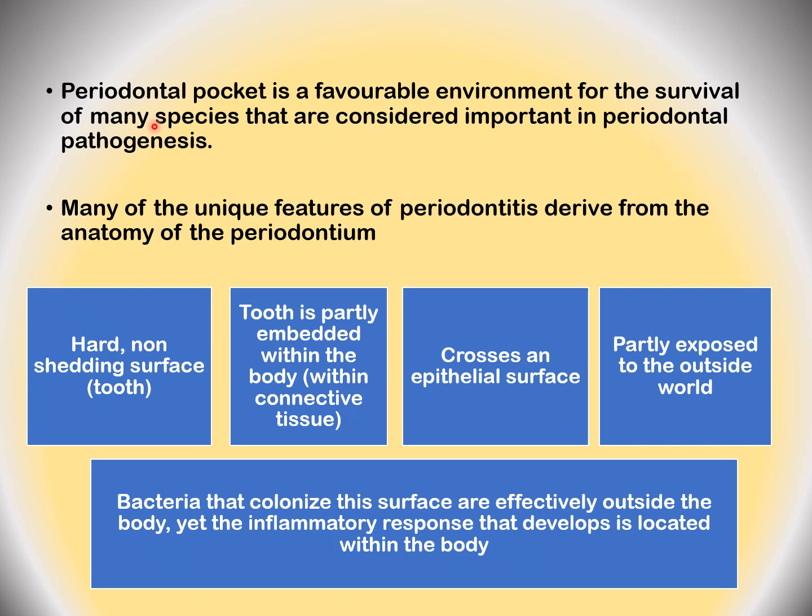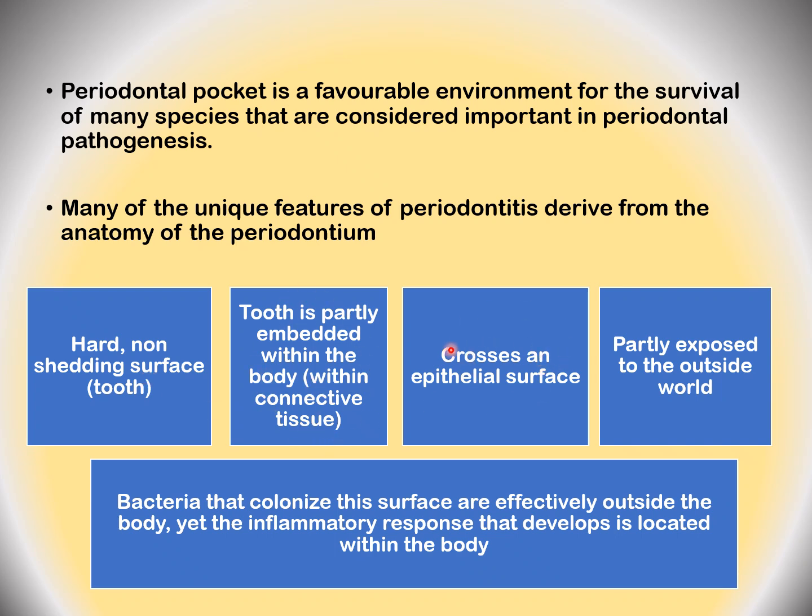So when we look at periodontal pathogenesis, the periodontal pocket acts as a very favorable environment for the survival of the bacteria. Many of the unique features of periodontitis are derived from the anatomy of the periodontium itself. That is, the tooth provides a hard, non-shedding surface for bacterial colonization, and it is partly embedded within the connective tissue.